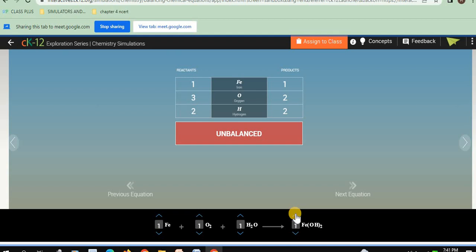You have to multiply by 2 here. Shall we do that? Yes. How many Fe now? 2. Can we make it 2 now? Yes. How many hydrogen right hand side? 4. So shall we make it 2 here now? Okay.